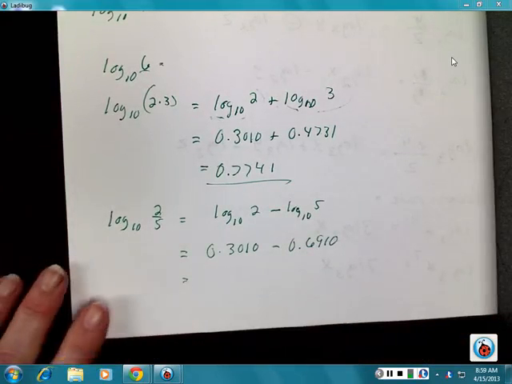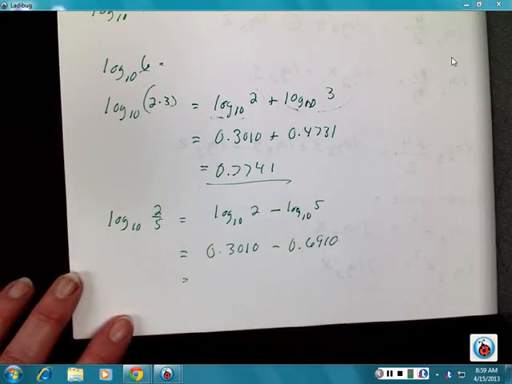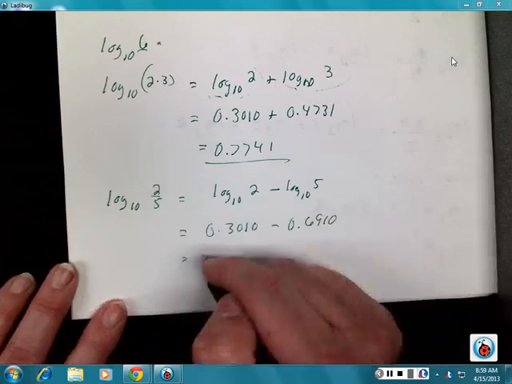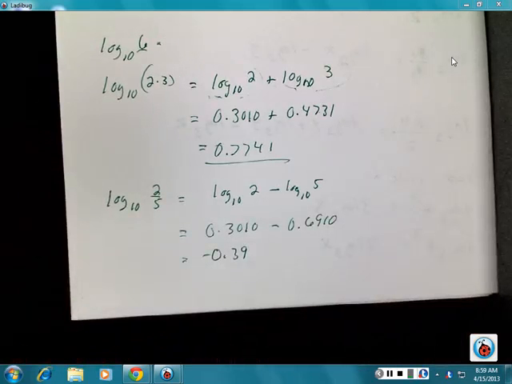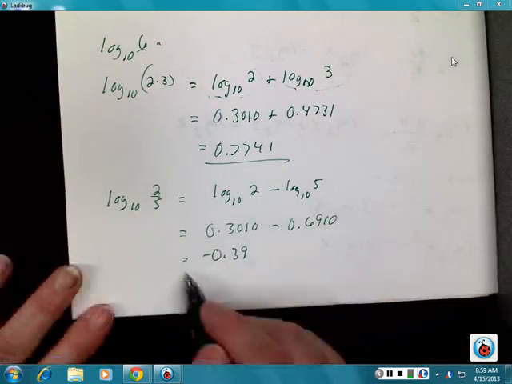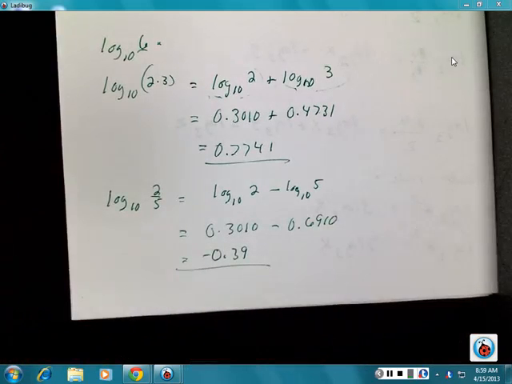And we end up with a negative 0.39 as our solution to that one. And so that's kind of the thing that they did in the beginning part there.